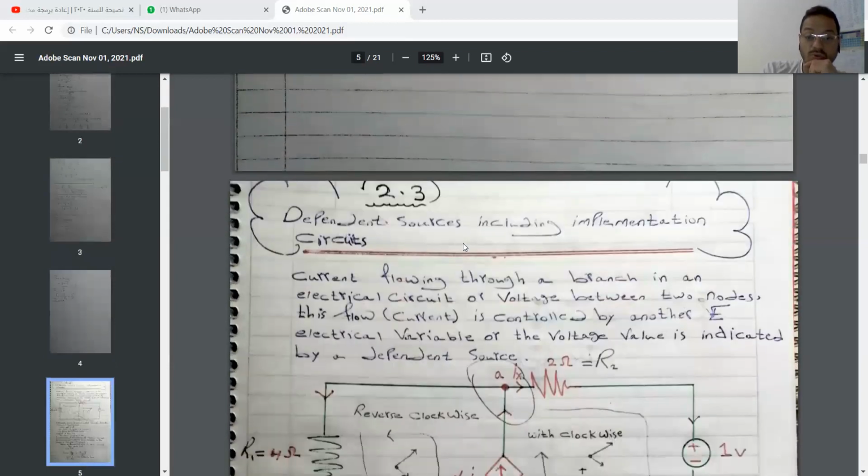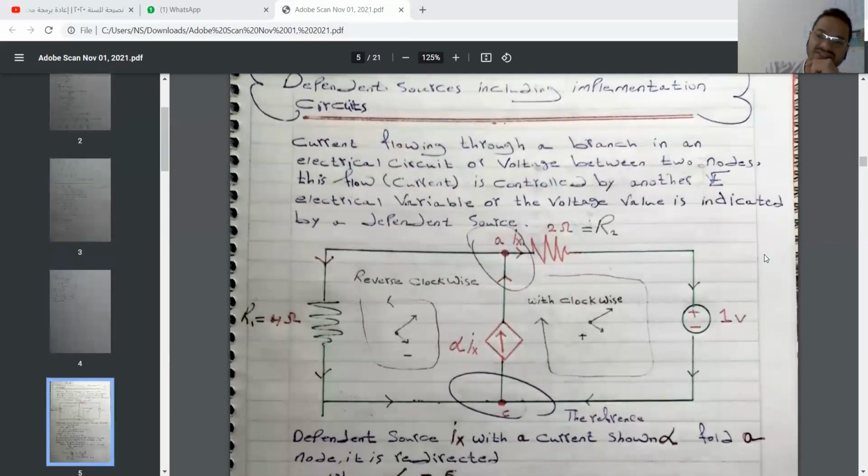Here, question number 2 will be different, because we are dealing with different types of sources. Number 1 is an independent voltage source. Number 2 is a dependent current source. And we have two resistances.